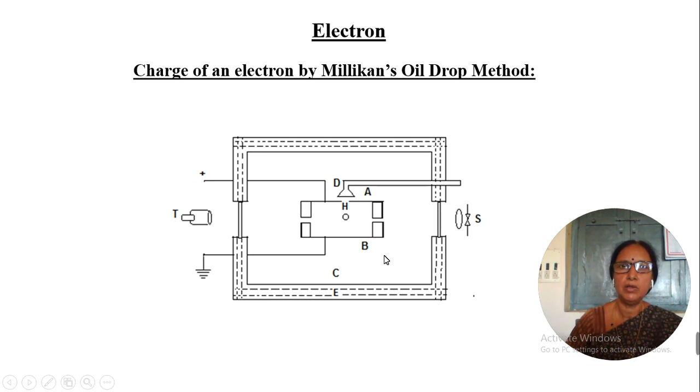A heavy non-volatile liquid or oil is sprayed using an atomizer D. The fine droplets enter the space between the plates through this pinhole H. While entering the space, the drops may pick up a few charges due to the frictional force with the nozzle of the atomizer.